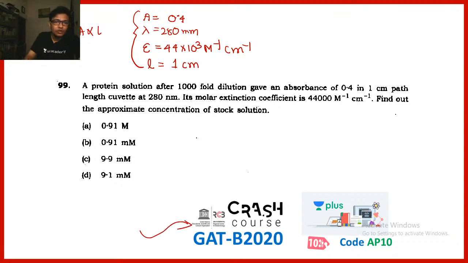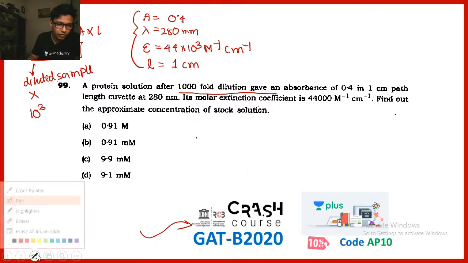But for now, I'm just solving it quickly, right? So this is the formula that you have to use, right? And remember one thing, this was a 1000-fold dilution. So whatever absorbance you get is of the diluted sample, right? So basically you have to multiply with 10 to the power 3 to get the proper concentration, right guys? So come on, try to answer this question.